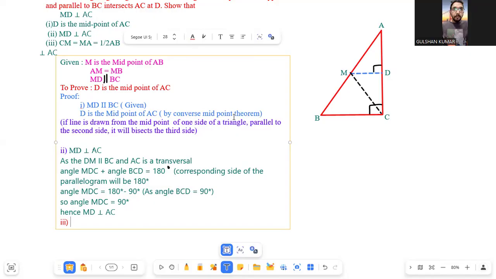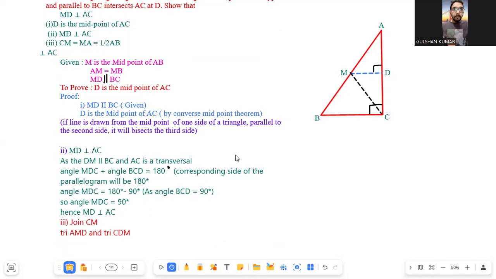So join CM. Now we have triangle AMD and triangle CDM. Both are triangles, that is AMD and CMD. Clear here?